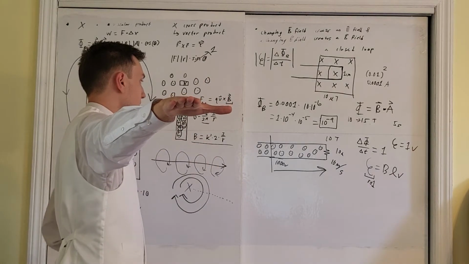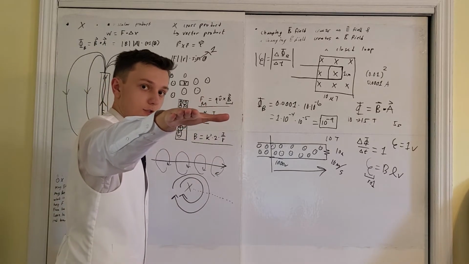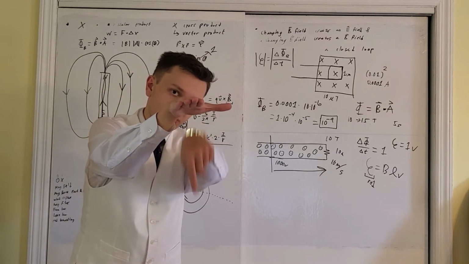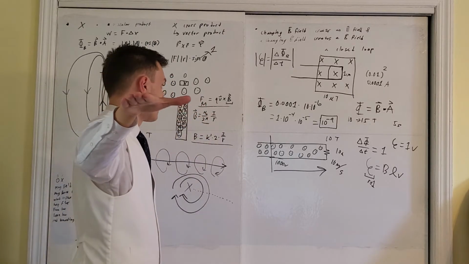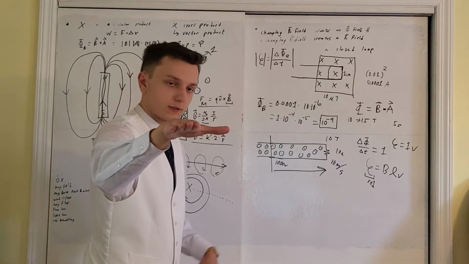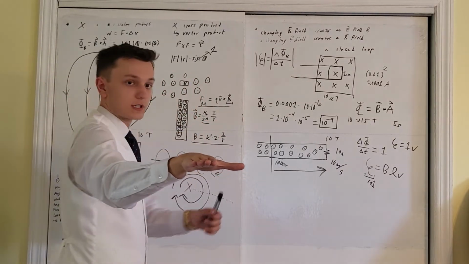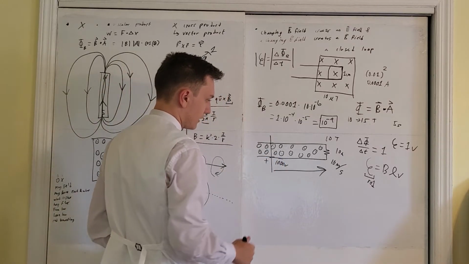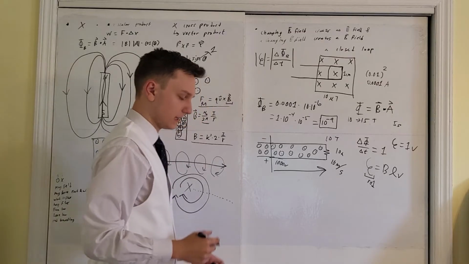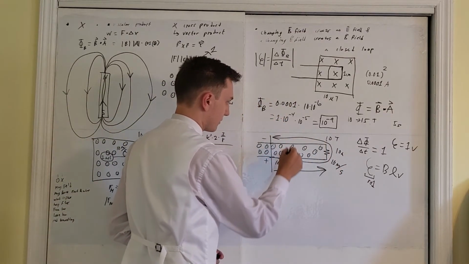The magnetic force acts in the positive direction for a positive charge. So a positive charge would be forced downward, but the magnetic force acts in the negative direction for a negative charge, which means positive charges are forced downward, negative charges are forced opposite my palm, upward. So this part of the rod will become positive, this part of the rod will become negative. So therefore current will flow this way around the apparatus.